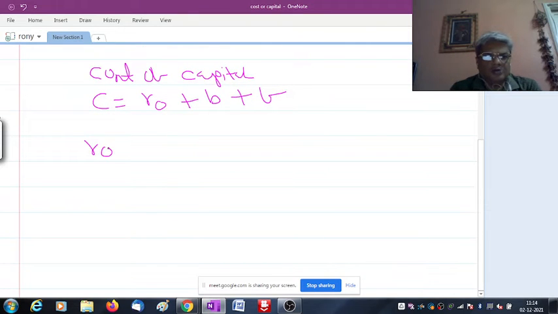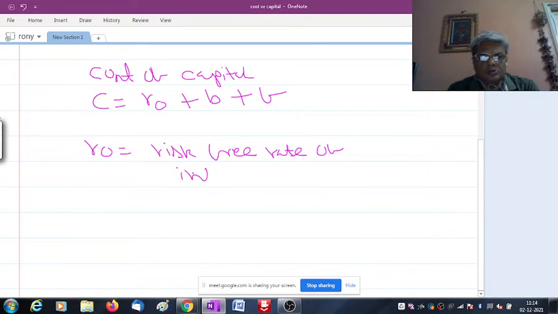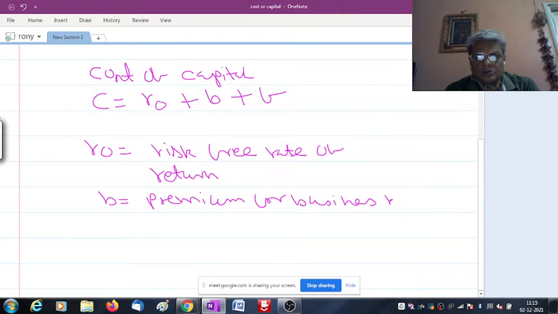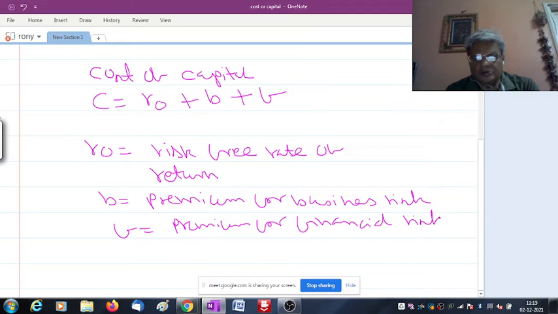Ko equals Rf, the risk free rate of return, plus B, the premium for business risk, plus F, the premium for financial risk. Have you written the formula?